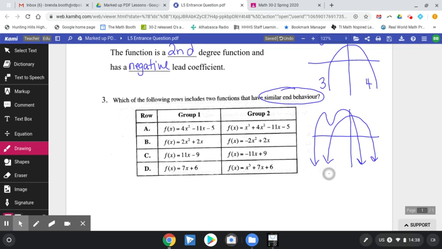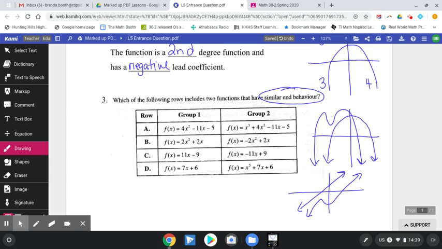We could say the same thing for anything that has an odd degree. So if we were looking at, let's say, a 1st degree, a linear graph, compared to a cubic, same end behavior, just a different number of turns.